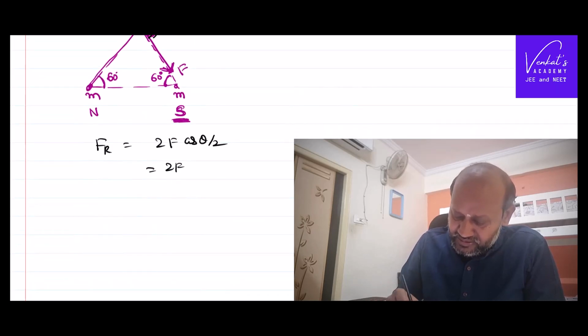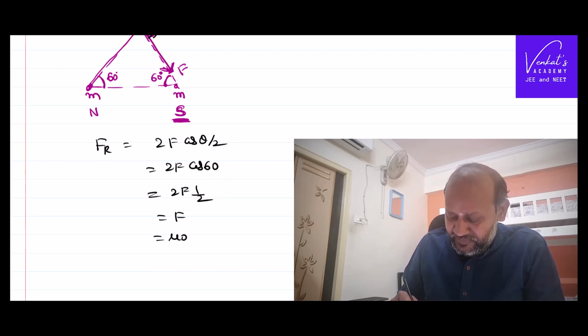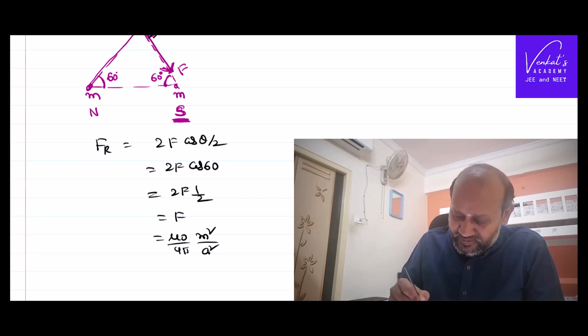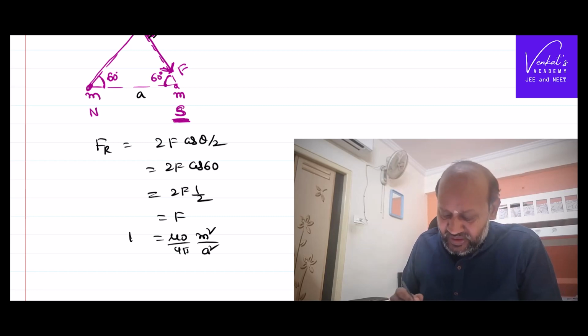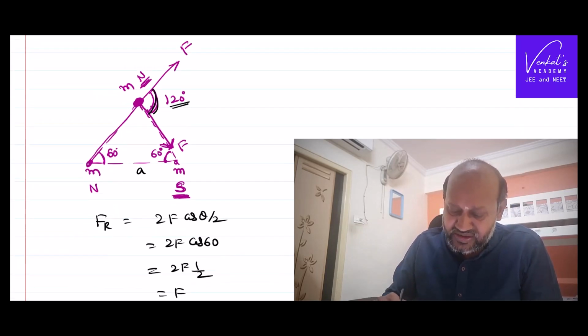So what will be 2F cos 60, because 120 by 2 is 60, and cos 60 is half. So the answer is F itself: mu naught by 4 pi, m square by a square, where a is the side.